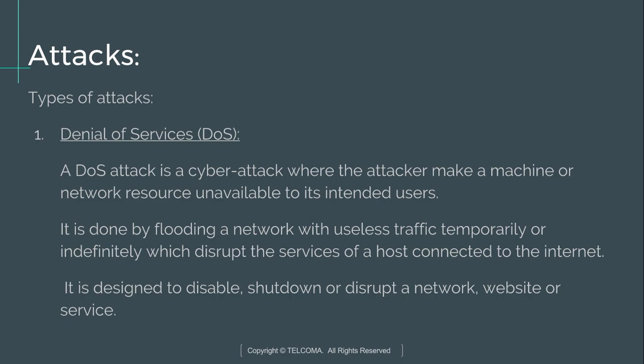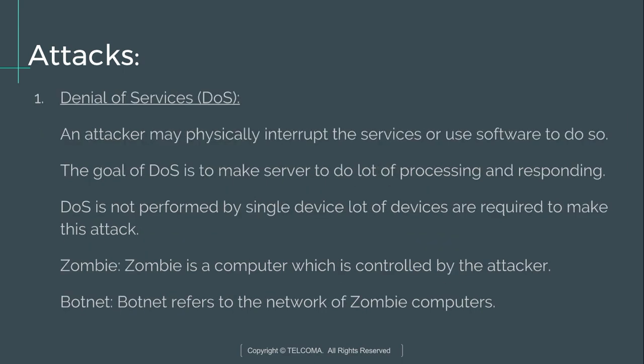The DOS is done by flooding the targeted network with useless traffic, temporarily or permanently, which disrupts the services of a host connected to the internet. So if a user wants to access the network resources, the network will be unavailable to them. It is designed to disable, shut down or disrupt a network, website or service.